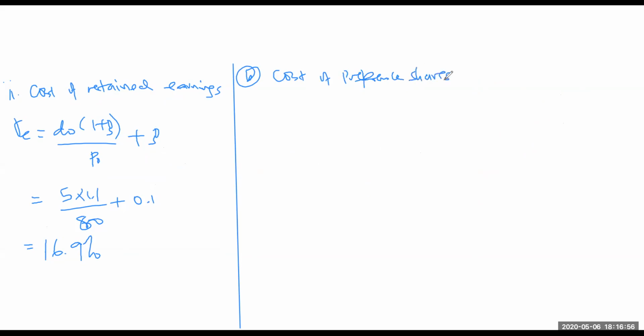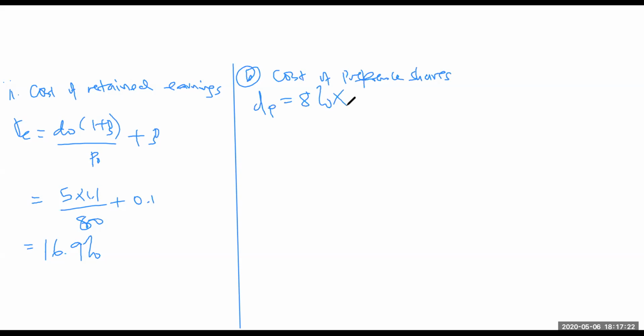Now, in note 6, we were told that an additional 8% preference share can be issued at the current market price of 80. So the company can issue some preference shares, and they're going to be issued at their market price of 80. Therefore, we can get the preferred dividend, which in this case is going to be 8% of the issue price.